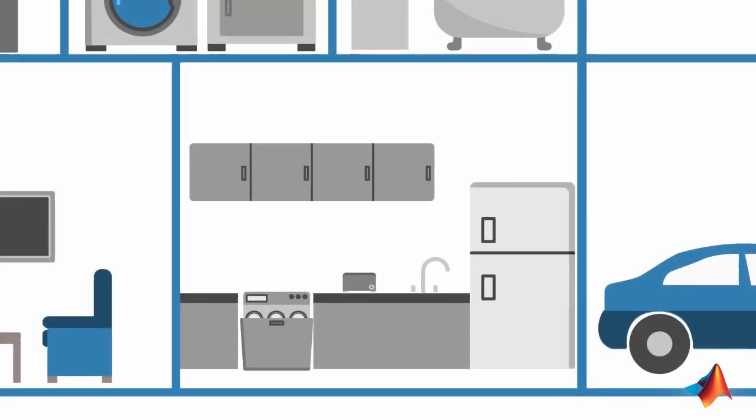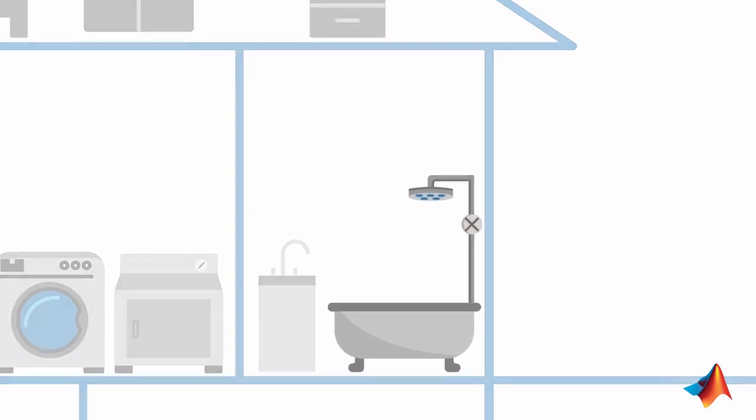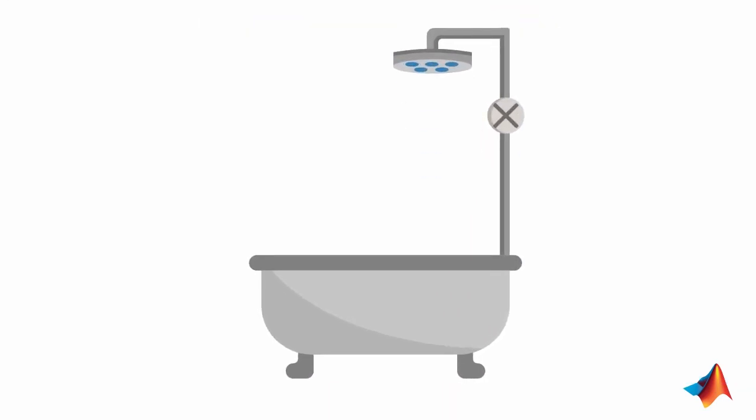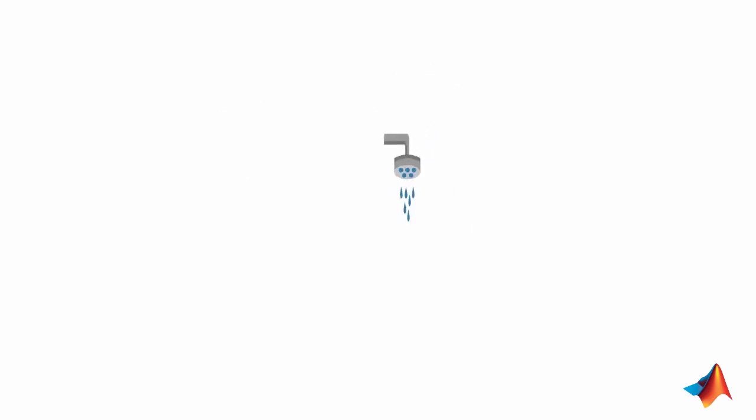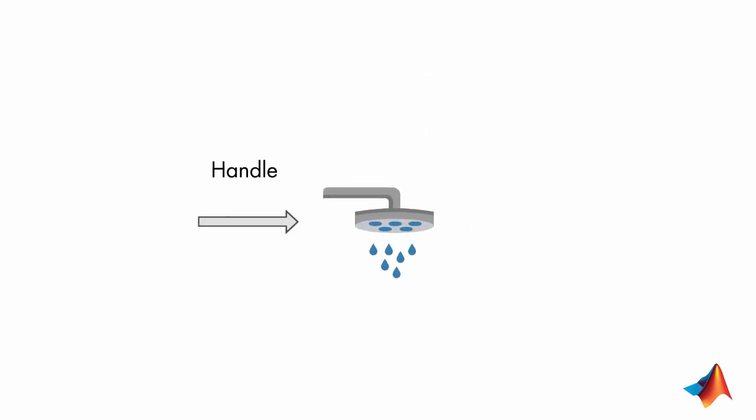Let's jump to another room and see if we can find an open loop system there. Oh, this is little Timmy who wants to take a warm shower, but he's not tall enough to turn the shower handle. So he asks for your help. In this open loop system, the handle position is the input and water temperature is the output.